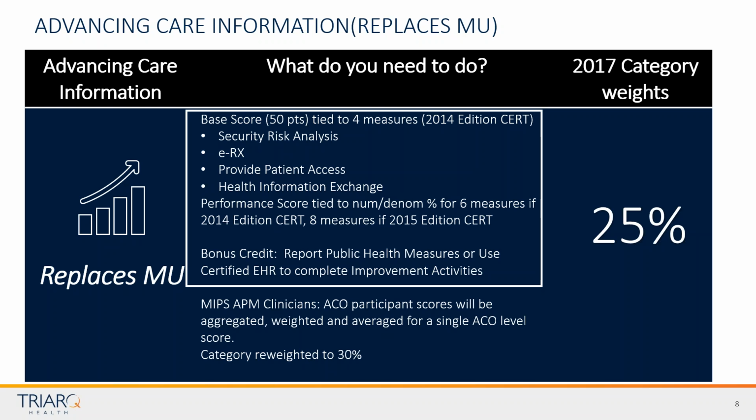You may never send a secure message to a patient. You don't have to. You can focus your efforts on the other measures that do fit your scope of practice better. So this will make a little bit more sense when I'm showing the actual dashboard. And you can get bonus credit for public health reporting or using your certified EHR to complete the improvement activities category.